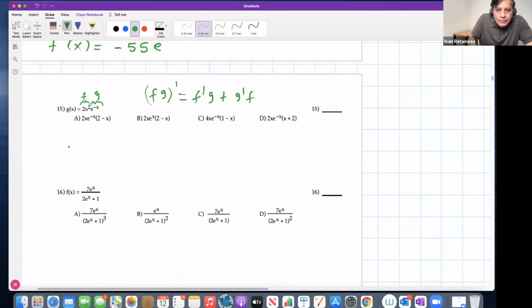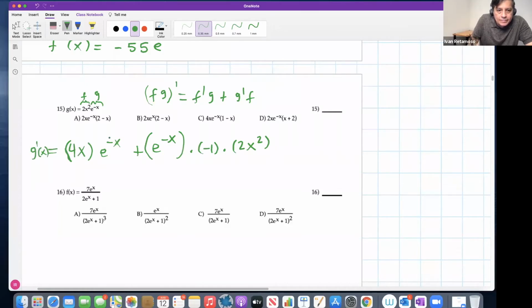Derivative of 2x squared is 4x, times e raised to minus x, the other function, as it is, plus the derivative of e raised to minus x. Start with itself times the derivative of the exponent, which is -1, times the other function, 2x squared.